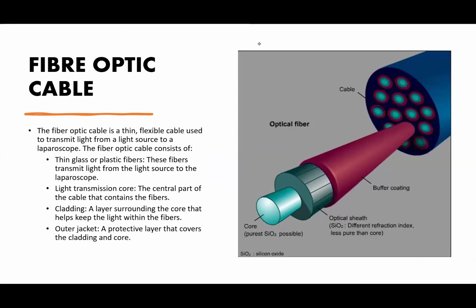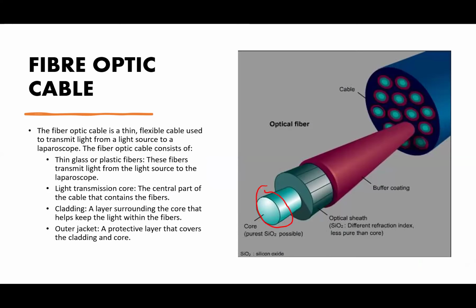The fiber optic cable consists of glass or plastic fibers. These fibers transmit light from the light source to the laparoscope. You can see this is the light transmission core.